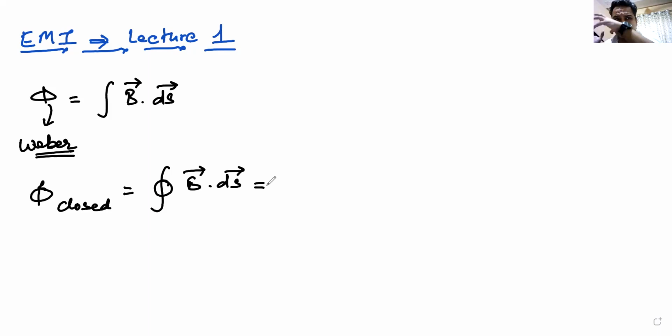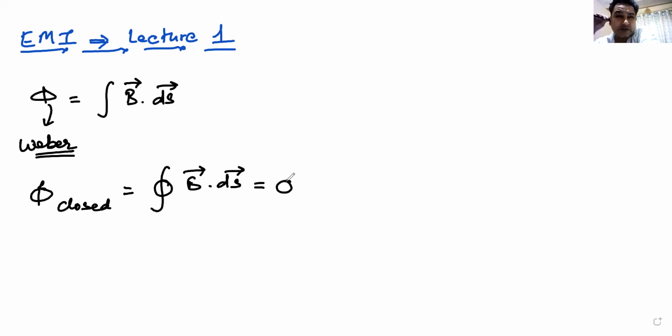If the surface is closed, what will be the total magnetic flux linked with that closed surface? Anyone? Don't remember it? Zero. Remember this?